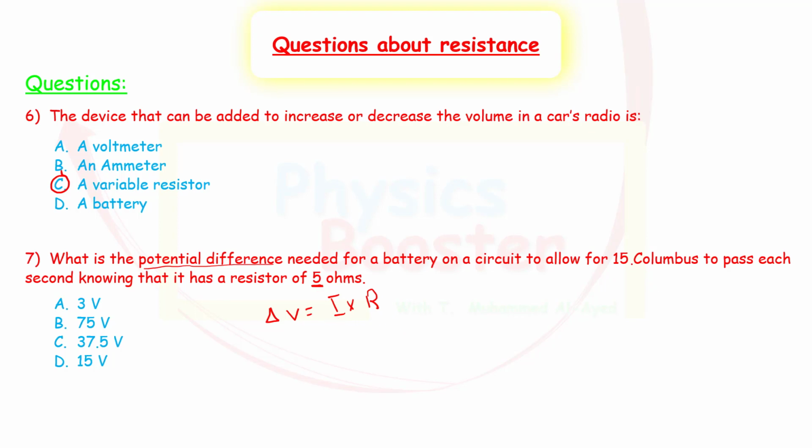But we have another piece of information that says that we have 15 coulombs passing each second. And we know that the current is equal to the amount of charge divided by time. So we can say that the current is equal to 15 amperes. And we can simply go back to our question: 15 multiplied by 5, which is equal to 75 volts. And the answer is B.